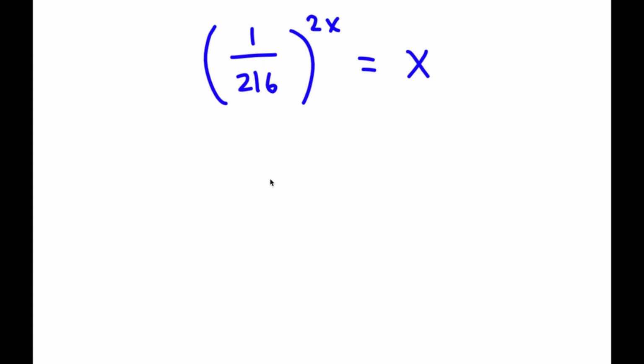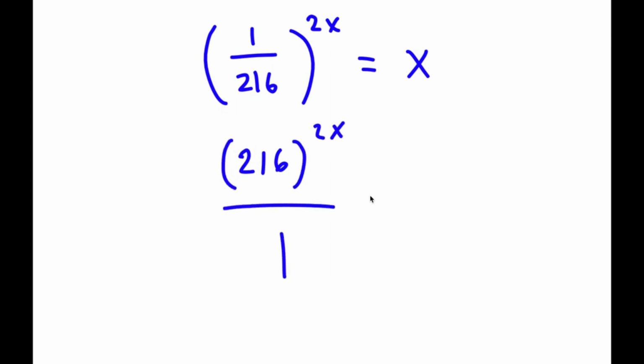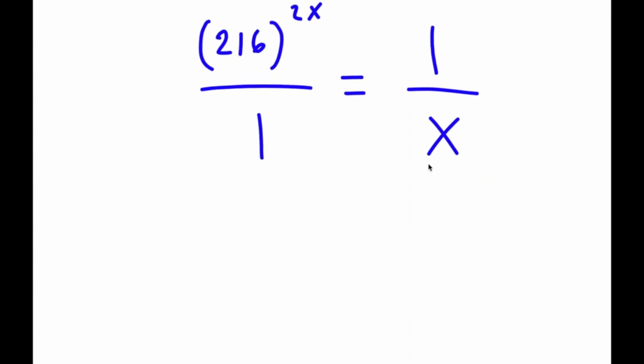So this is the same thing as 216 to the power of 2x over 1 is equal to 1 over x. And now 216 to the power of 2x over 1, well, anything divided by 1 is itself. So this is the same thing as 216 to the power of 2x, which is equal to 1 over x.